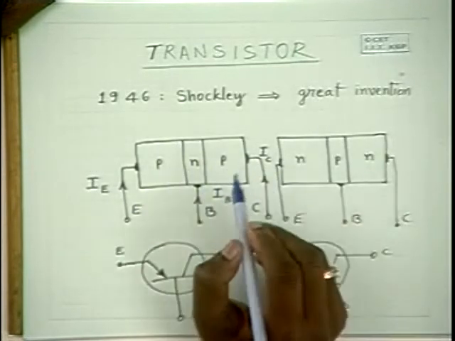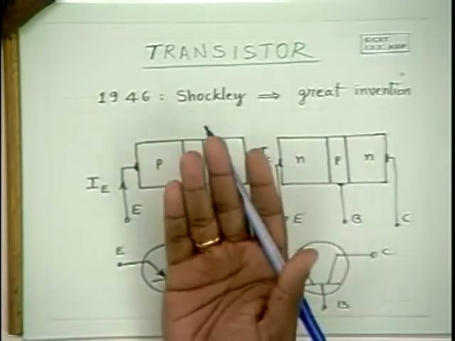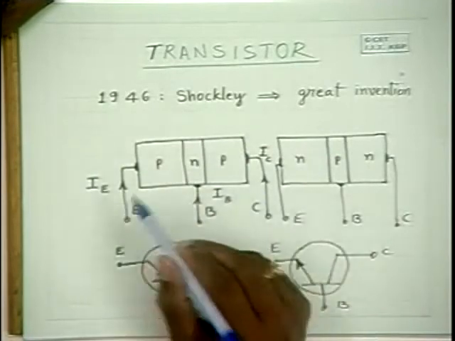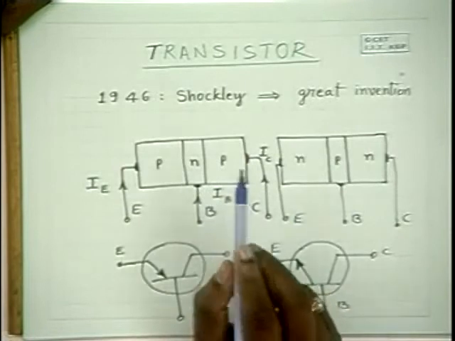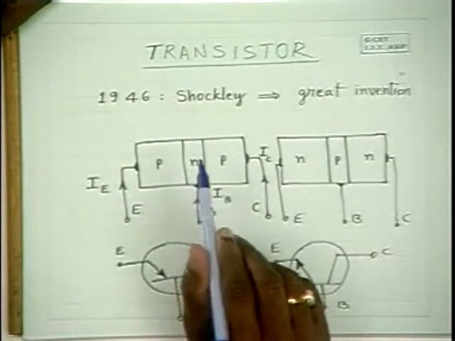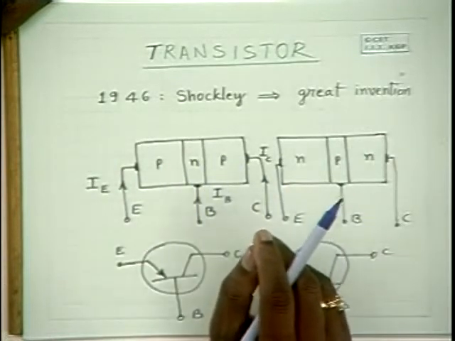Because of this difference, when you invert the terminals, that means using collector as the emitter and emitter as the collector, the characteristics usually differ, because the emitter side, collector side, and base side doped semiconductors have different concentration levels, which is maintained purposefully to give you high amplification.